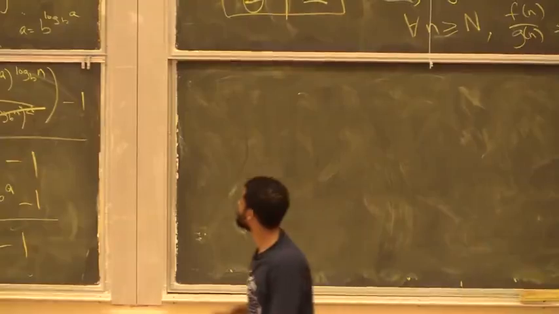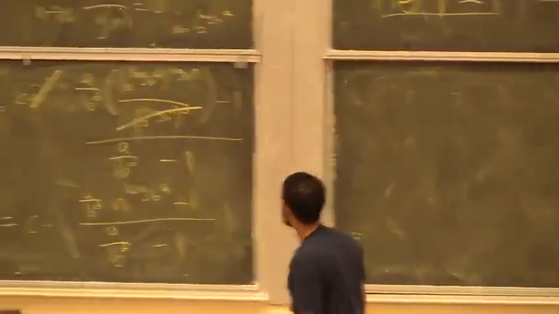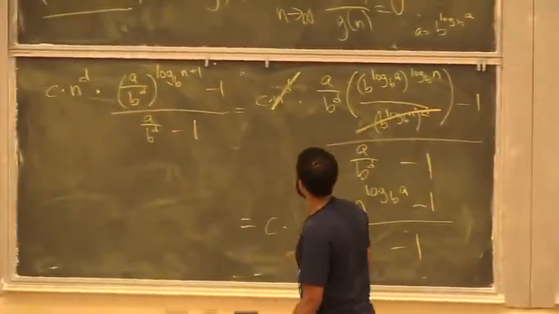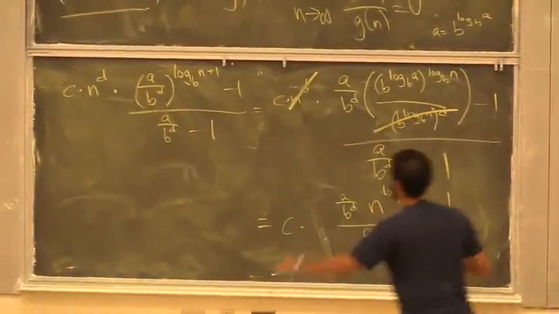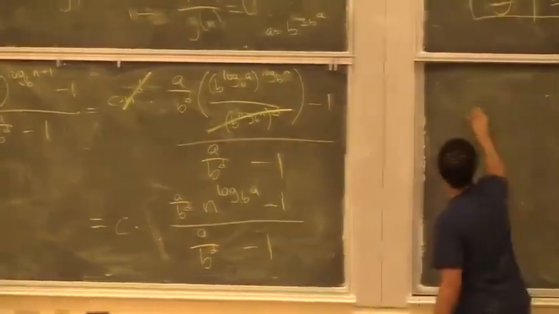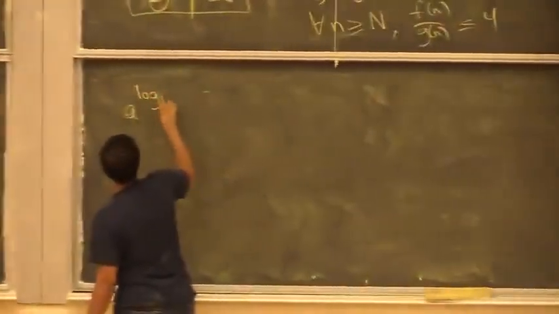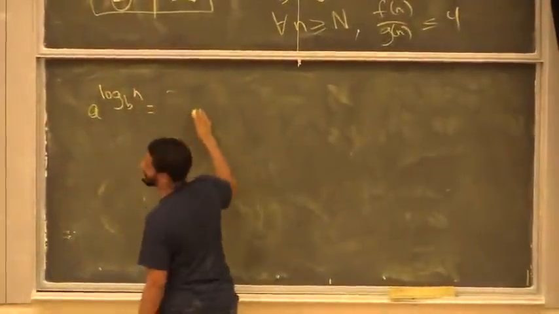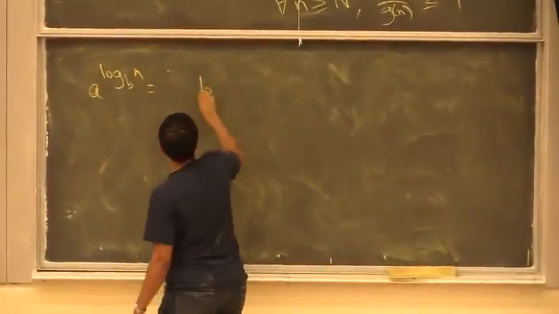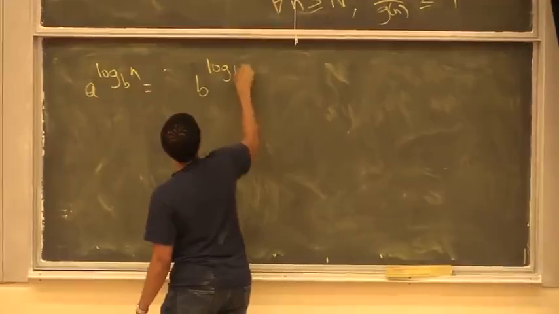Yeah, how did you get n to the log base b of a at the end, like the bottom? N to the log base b of a? I used the trick. So what I said was a to the log base b of n is the same thing as n to the log base b of a, right?